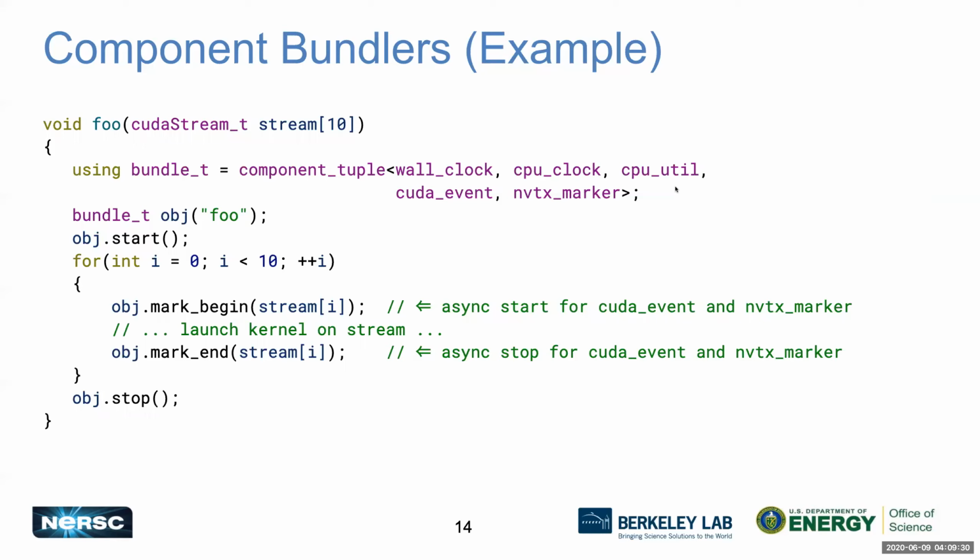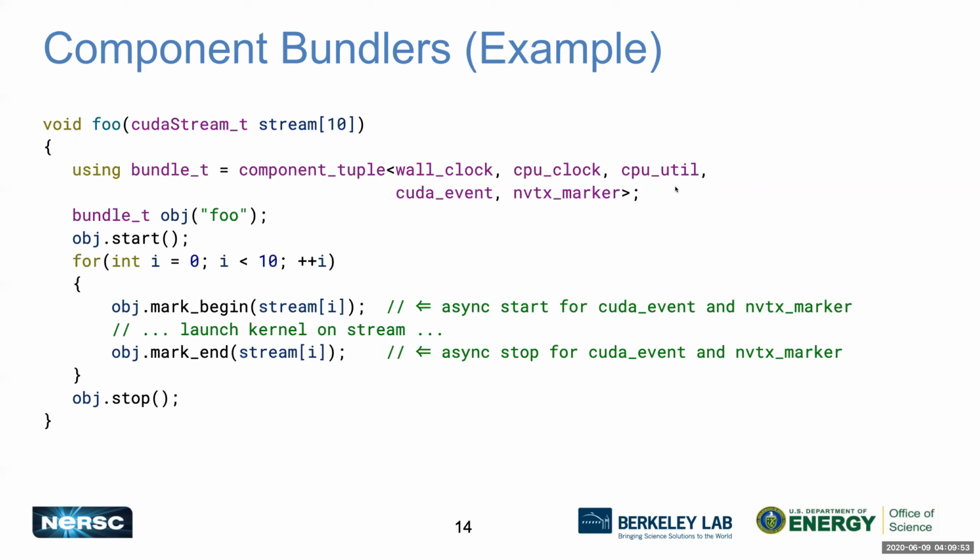Logically, you can assume that a stream doesn't have any relevance to a wall clock, a CPU clock, or a CPU utilization. Thus, within that loop, that member function mark begin is only provided by CUDA event and NVTX marker.